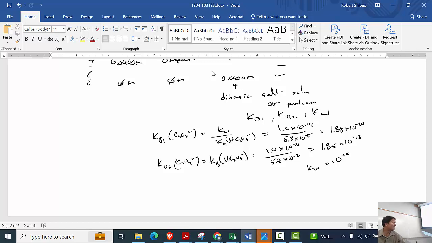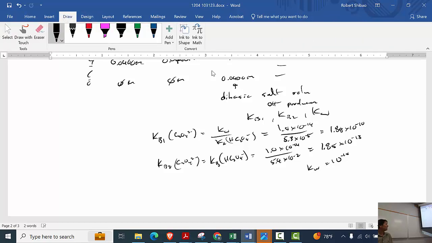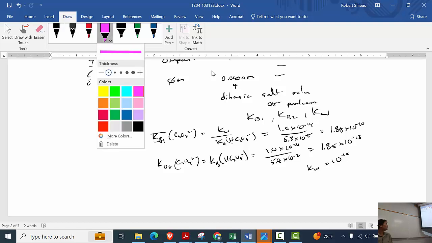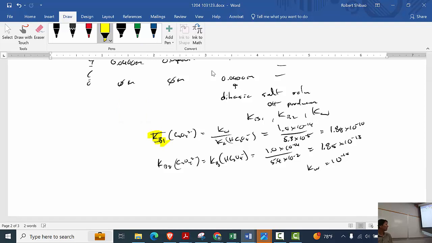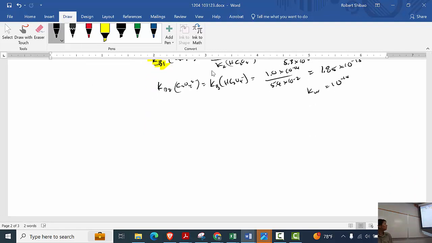So in this case, if I'm only interested in pH, I'm going to just look at the biggest hydroxide producer. And so I just do KB1 only. KB2 is 3 orders of magnitude smaller. All right, if we're just going to do KB1 only, then this is going to be step 3, and we'll stop here.